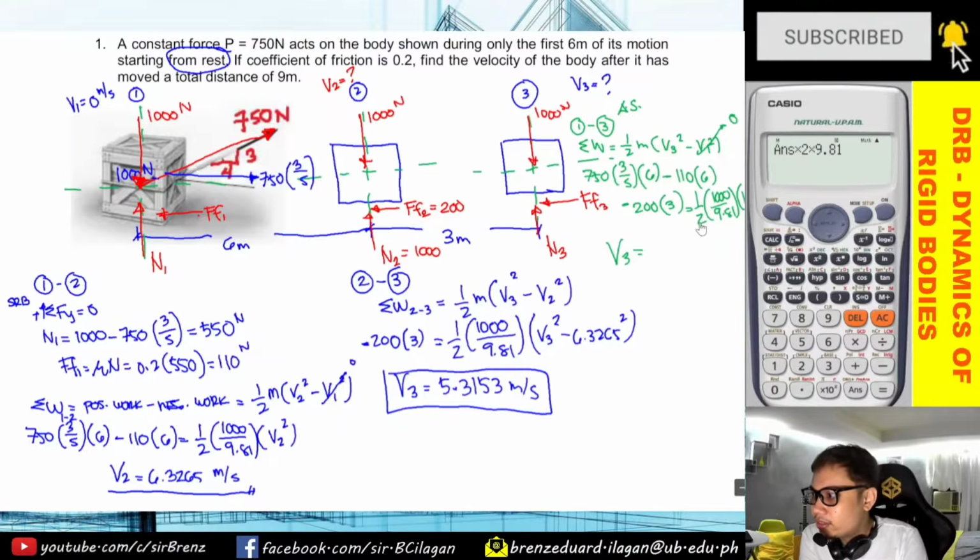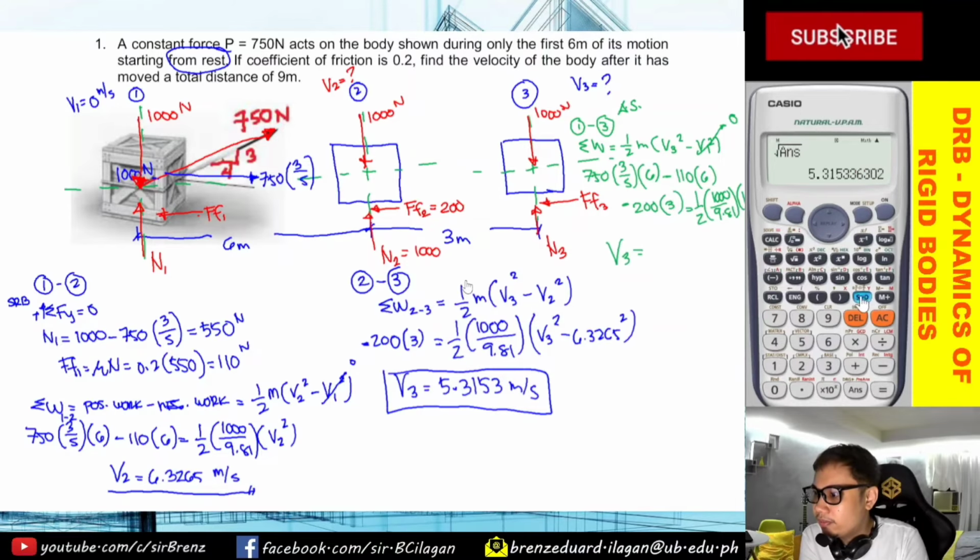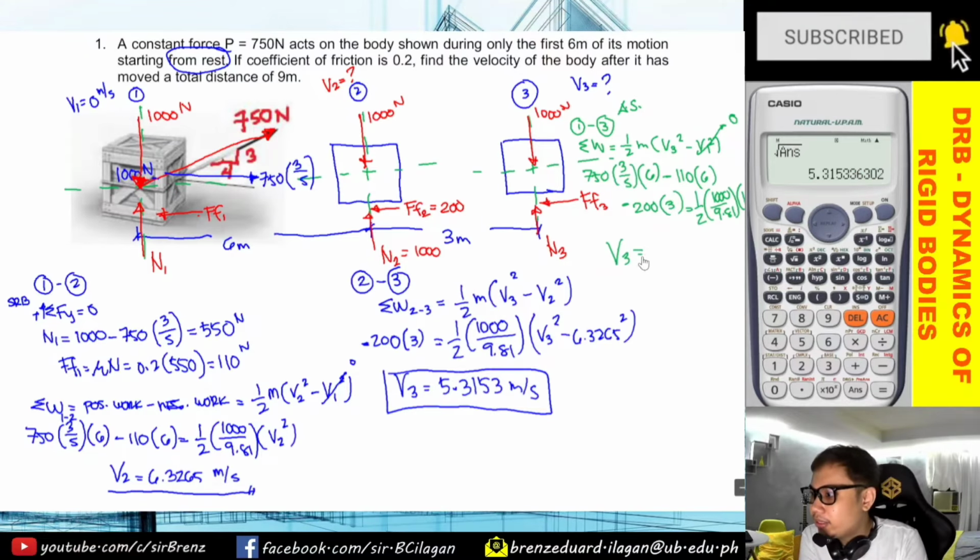Ano lang ha, tinaas ko lang ito sa kabila. Tapos divided by 1,000. And then square root of the answer kasi naka-squared siya. Transpose ko sa kabila. So 5.3153. Ayan, pareho naman. So 5.3153.